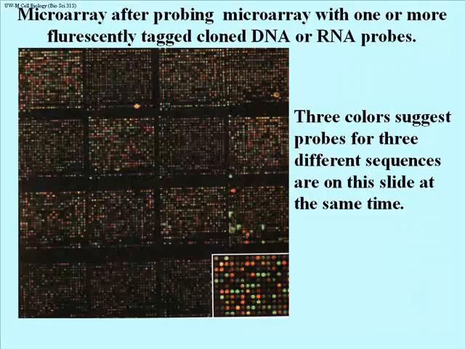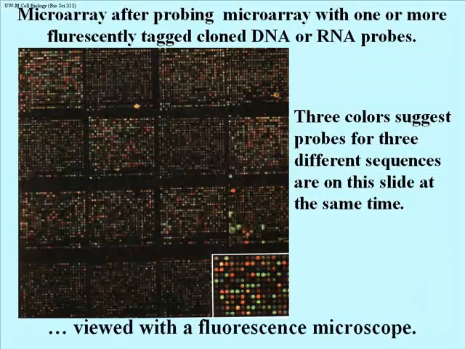and that's just a small region of the slide. What has happened here is that the microarray has been probed with cloned DNA or even RNA samples that have been made fluorescent by chemically tagging them with a fluorescent dye. If you really look closely, you can see that there are at least 3 colors of fluorescence showing up here, suggesting that this microarray had been probed with 3 different sequences at the same time.